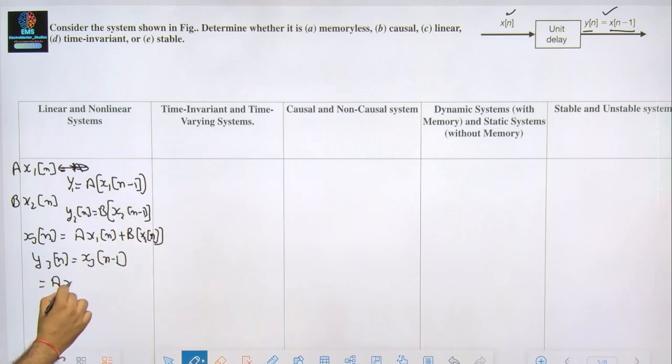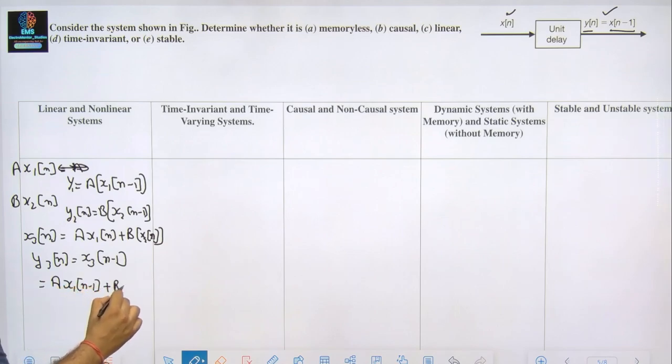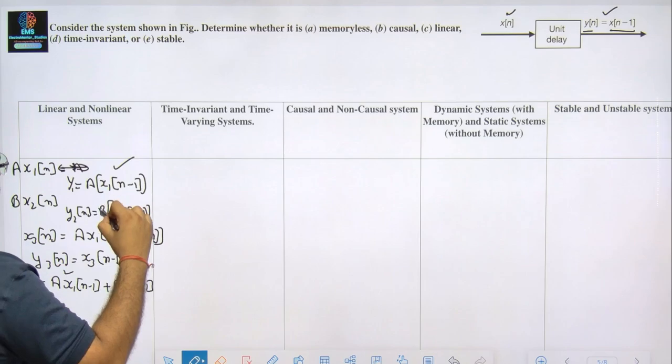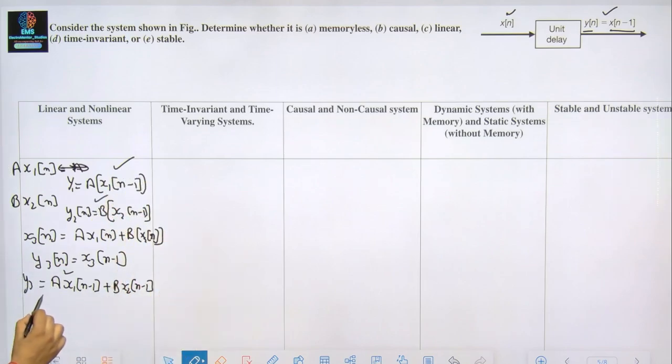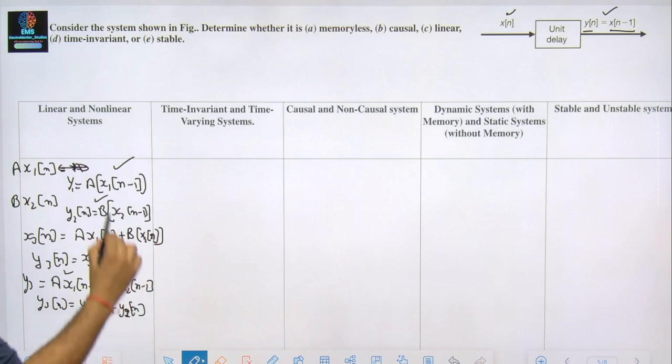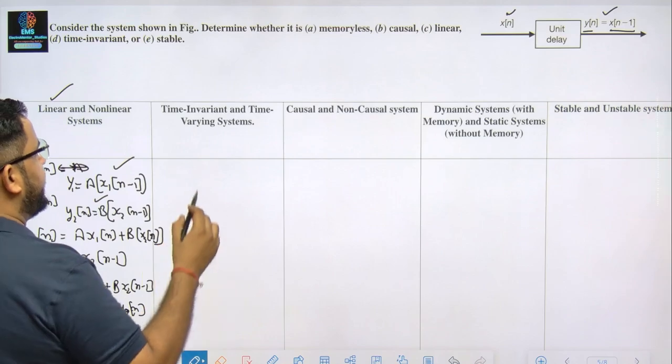So I get a x1[n-1] plus b x2[n-1]. This is my y3. Now my y3[n] is equal to y1[n] plus y2[n]. Hence, my system is linear.